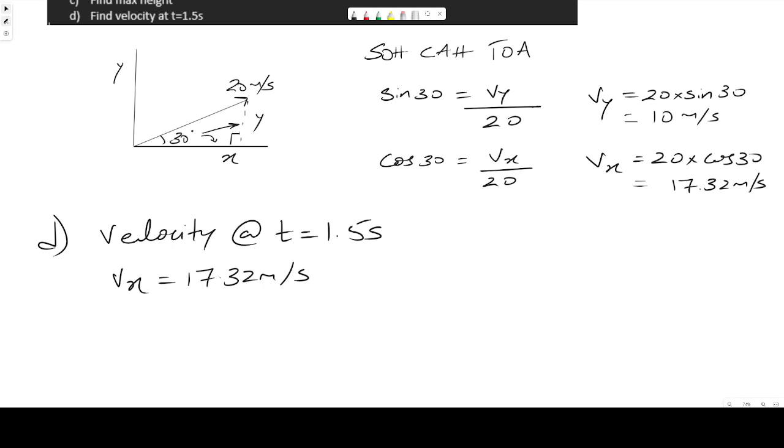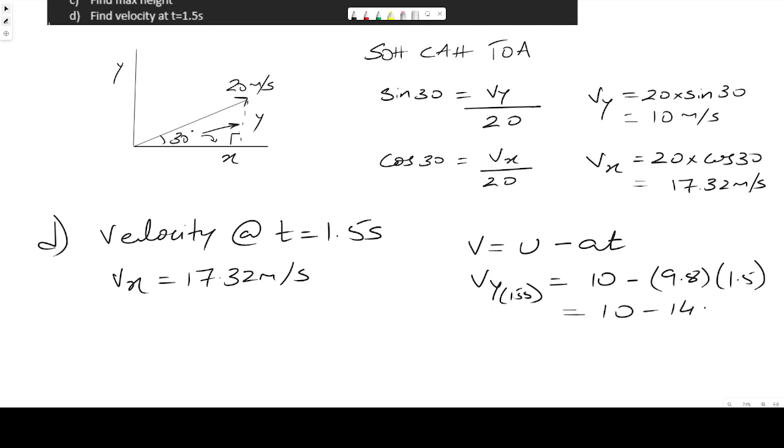We don't know what Vy is going to be, so to find the velocity in the vertical direction, I can use the equation v is equal to u minus at. My velocity in the y direction at 1.5 seconds is going to be 10 minus 9.8 times 1.5, which is equal to 10 minus 14.7, and it's going to be negative 4.7.